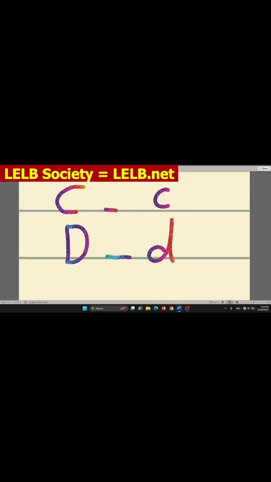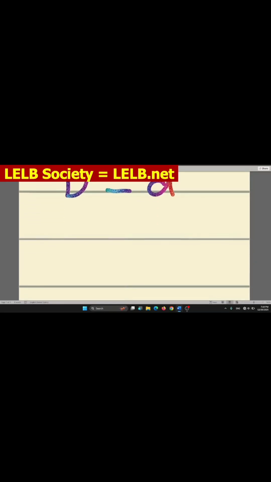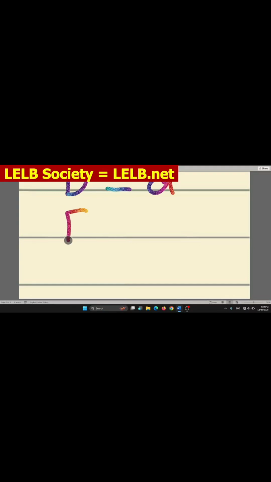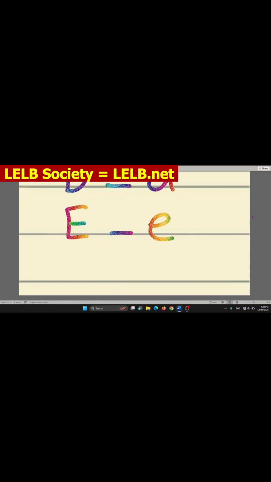And now we're gonna learn two new letters, E and F. E. Is this uppercase or lowercase, Beta? Uppercase. And lowercase e. And finally, the last letter for today's lesson is F. It's very similar to E without this horizontal line.